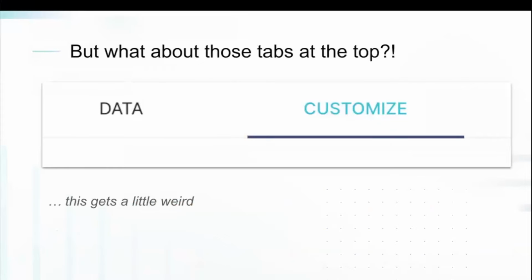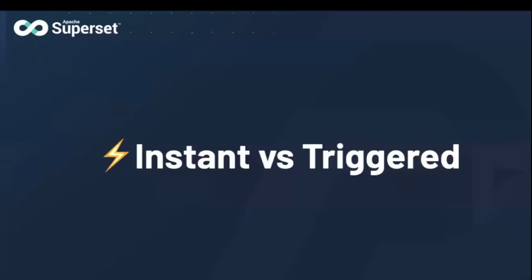Okay, so then a lot of people wonder at this point, what's the deal with those two tabs? How do I get my sections of controls into one tab or the other? What's the rhyme or reason here? And this thing's a little unusual, but it's all based on this idea of instant controls. So in Superset, your controls can instantly trigger the re-rendering of a chart.